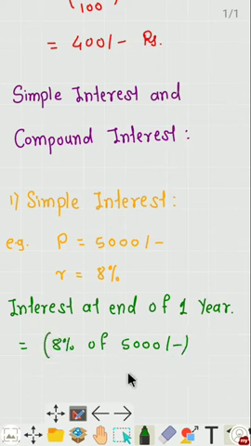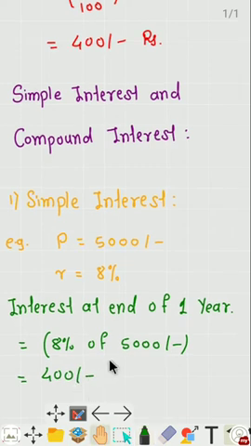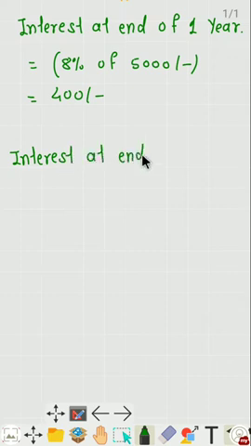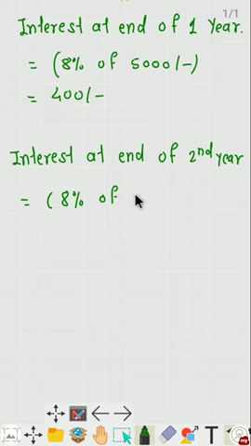Okay, and that amount is 400 as we calculated above. Similarly, the interest at the end of the second year is again 8% of 5000 rupees, and it is again 400 rupees.